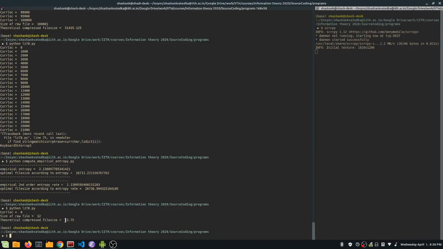So this is in terms of bits, so this is 13.75 bytes, which is 13 bytes plus a few additional bits. So in other words, we're not really achieving any compression. It's actually blowing up the file, which is somewhat expected since the size of the file is too small. Let's look at a slightly larger file.